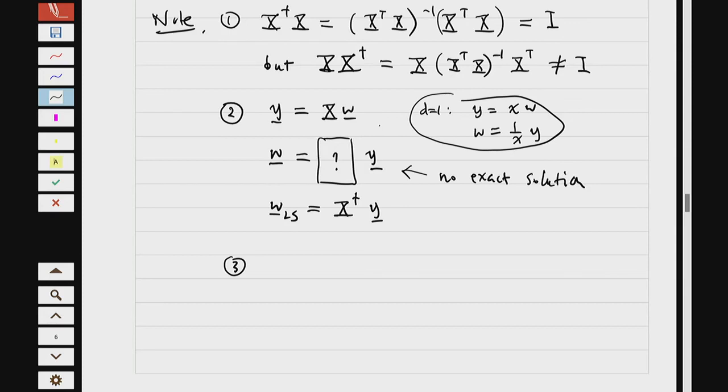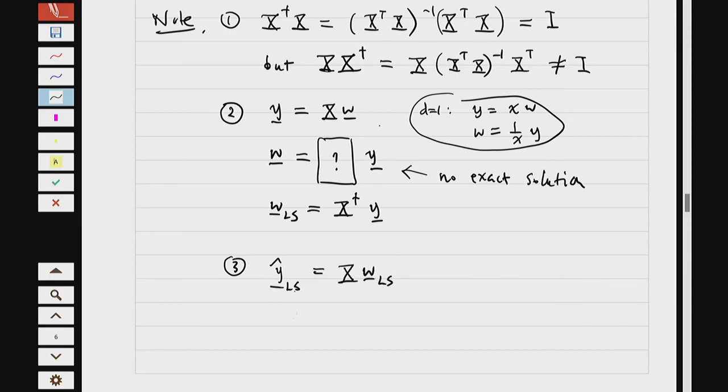Last thing I want to mention here is that, given you have the least square solution for W, then in general, what we're saying is that our estimated label is equal to this, right?